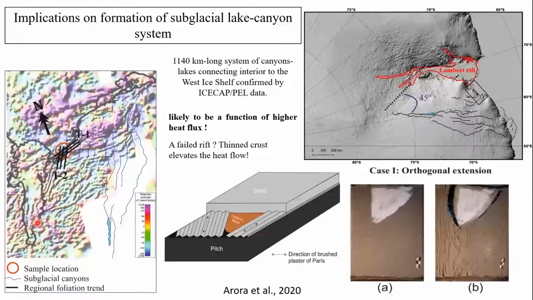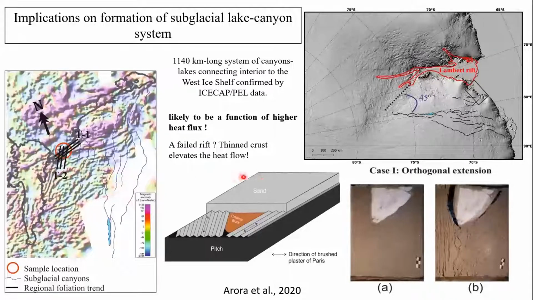It was noted that the canyons follow a trend parallel to the foliation trend seen in the field, also marking the post-oblique trend of the Tunga suture, as I discussed in the previous slide, also supported by the post-oblique magnetic anomaly, as you can see in this section of EDMAP. The idea was to understand if the canyons follow a predefined rift, like a failed rift probably, which is providing higher heat flux to melt the ice.